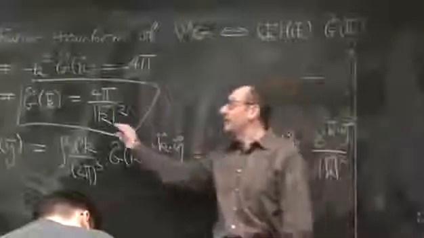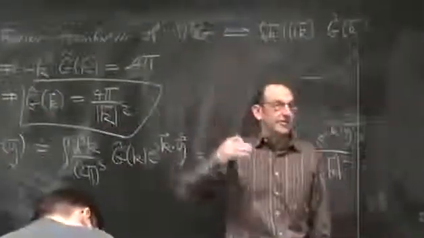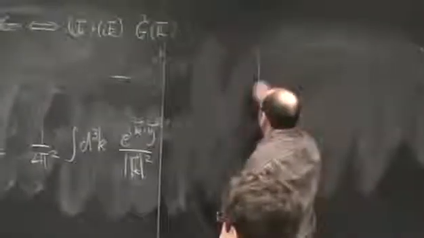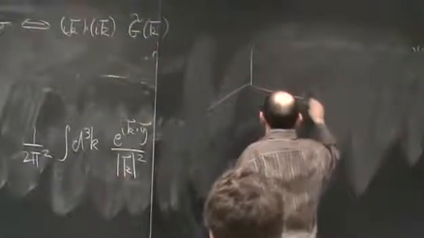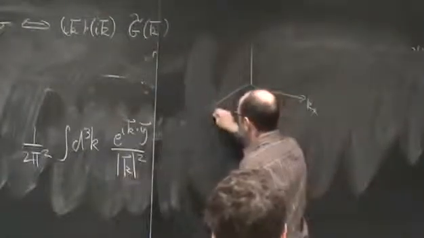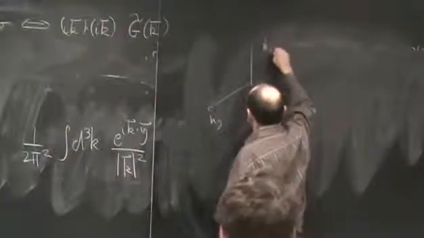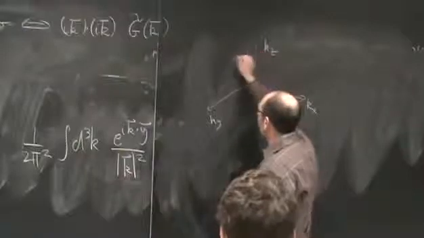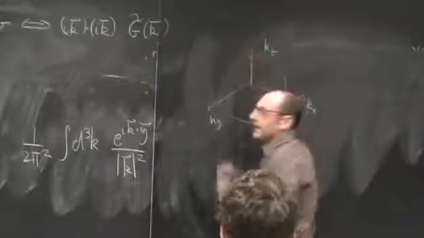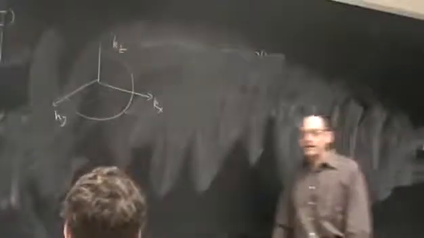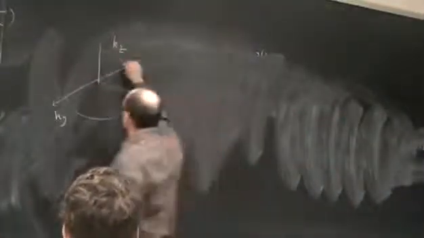So there's a spherical symmetry in K-space. We have a kx, a ky, and kz that we're integrating over, but the Green's function is constant on the sphere of constant magnitude of k.